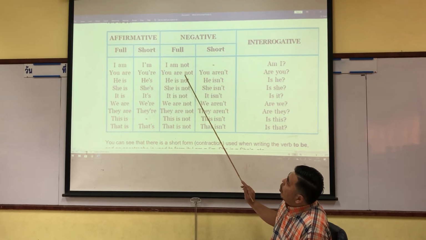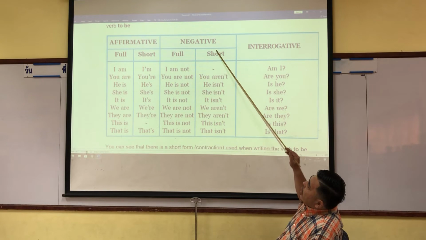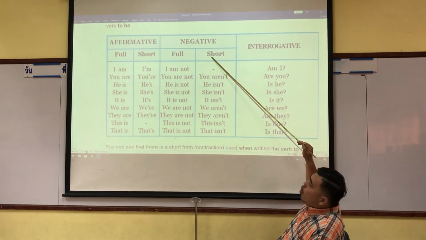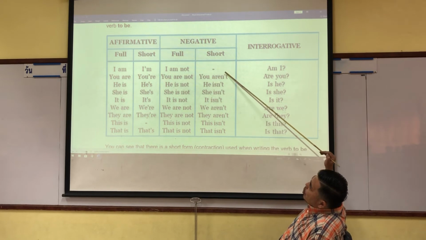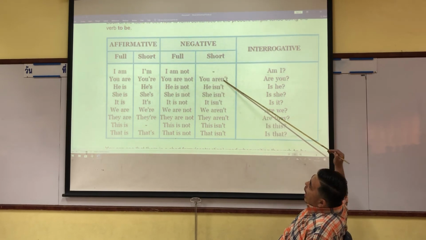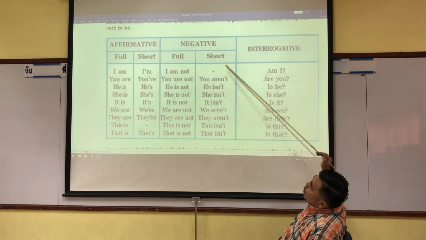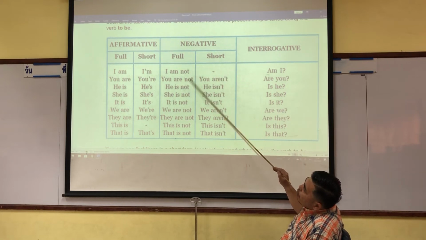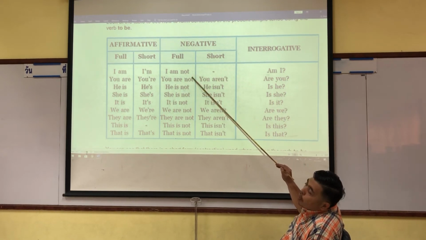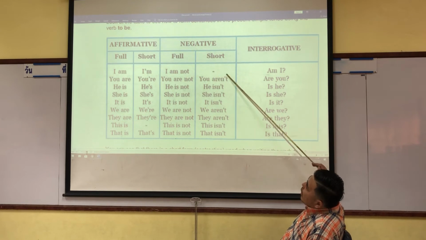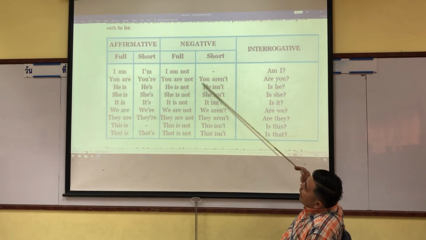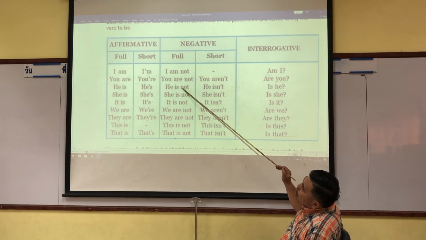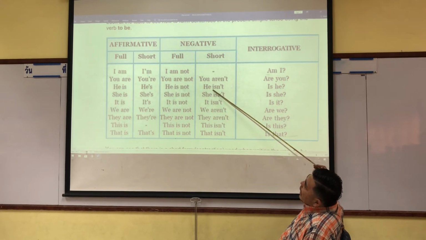You are not. If it's negative, short, again, we just use the apostrophe. You aren't. Okay, so we take the vowel from not, the O, and we put an apostrophe. You aren't. Again, he is not, he isn't.